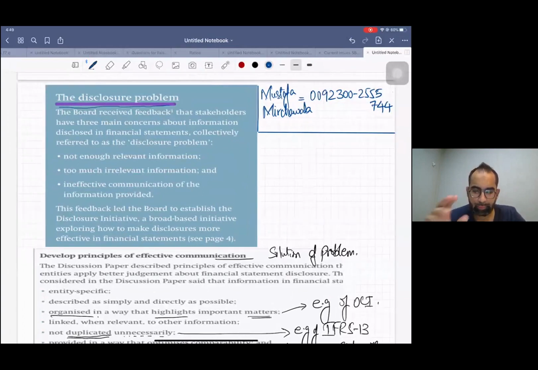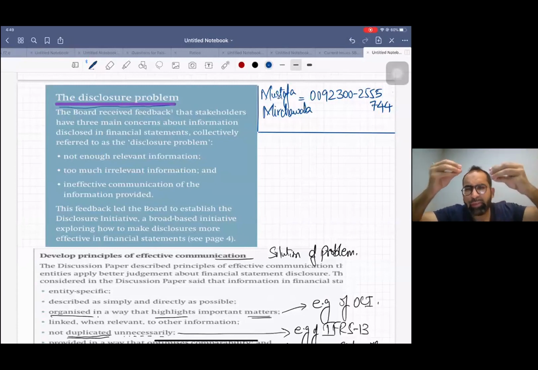Now listen. So this is the first current issue. Now try to understand the concept of each and everything. We all know that in accounting there are many international financial reporting standards, a lot of developments.